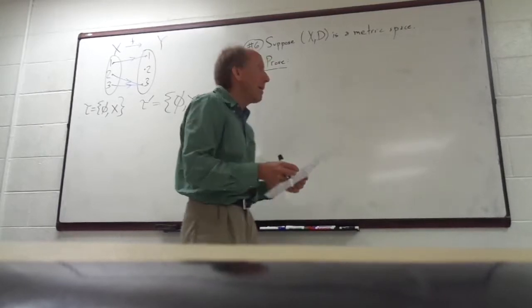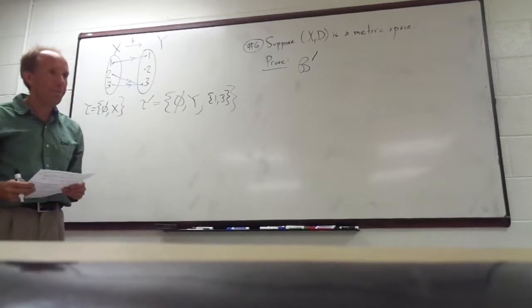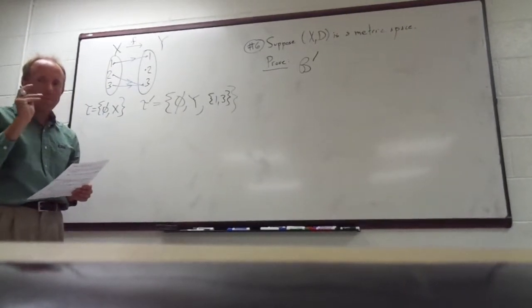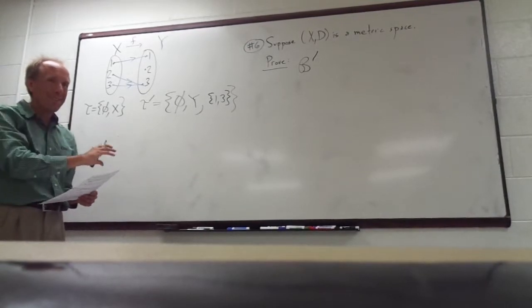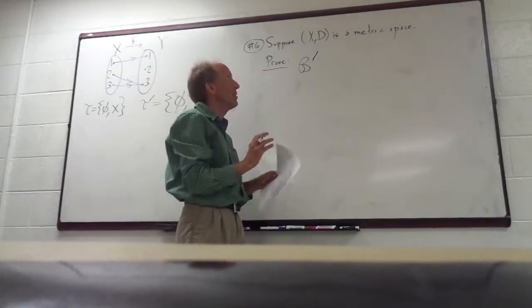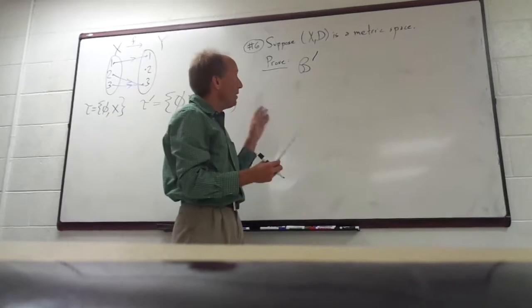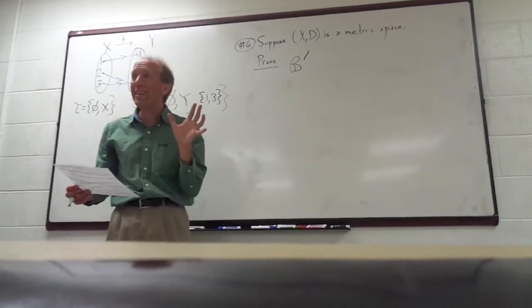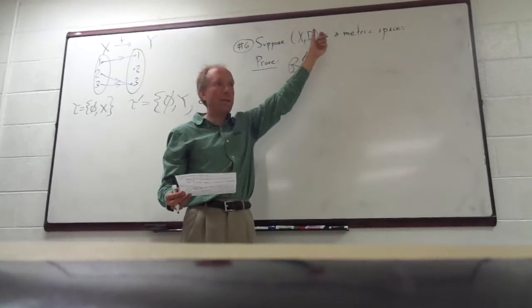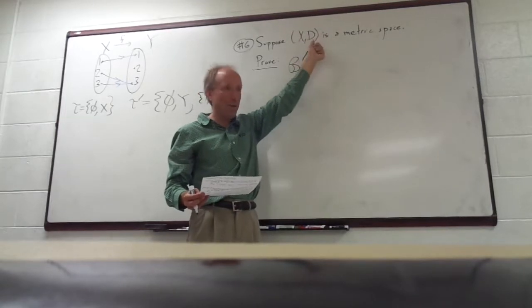Okay, but I'm going to ask you to prove something a little different. Everything in the topology should be a union of things from the basis. So if I take all neighborhoods, that's a basis for this metric space because every open set is a union of neighborhoods.